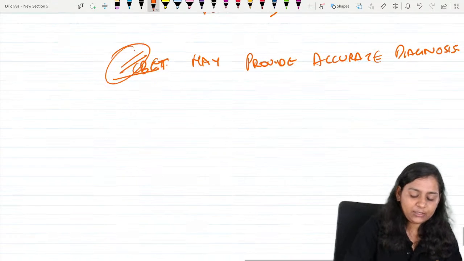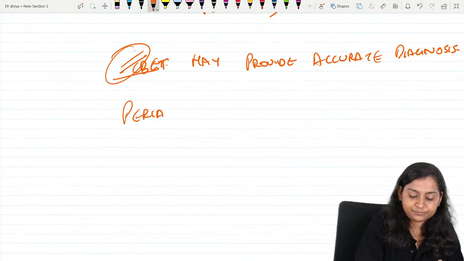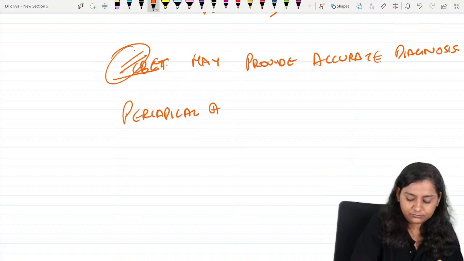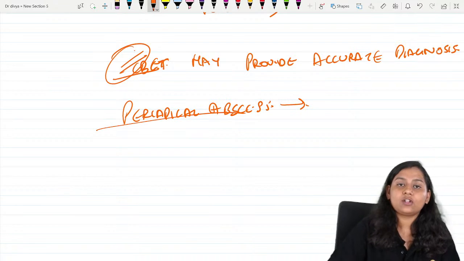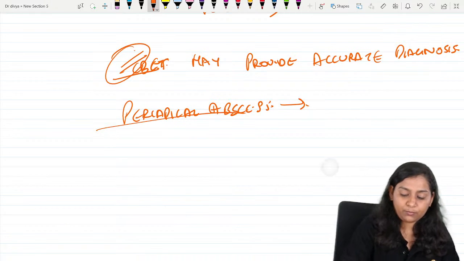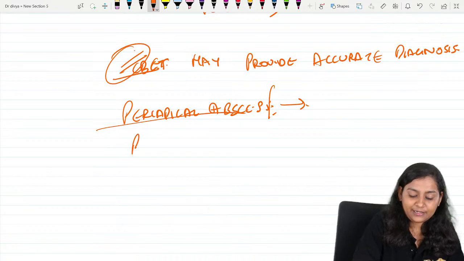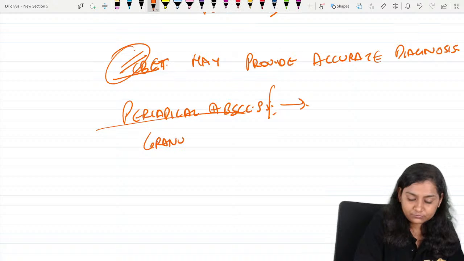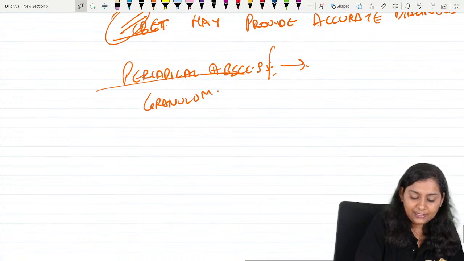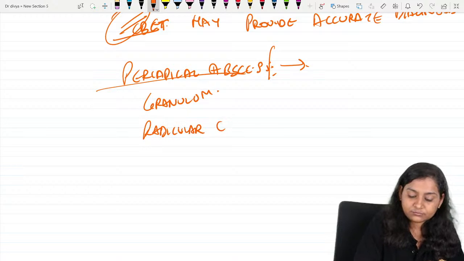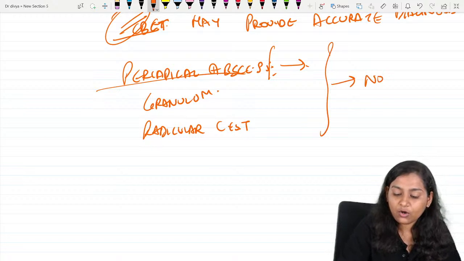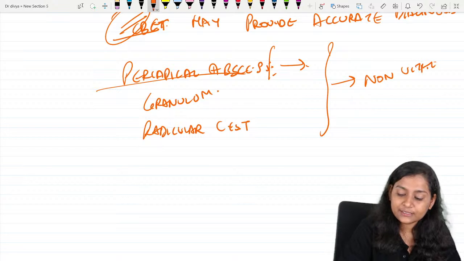Okay. Now coming to the periapical abscess. This periapical abscess is also associated with a non-vital tooth. So make it a point: periapical abscess, granuloma and radicular cyst are all associated with a non-vital tooth. That means the tooth is dead.